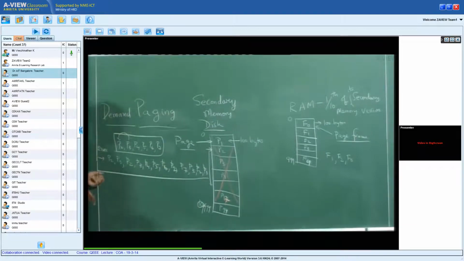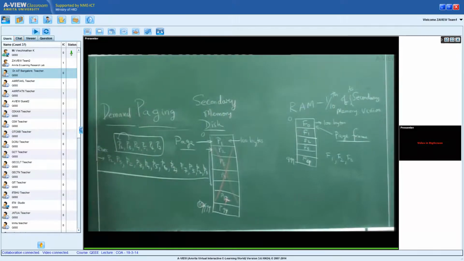Now the compiler does not have any restriction in this case. The compiler need not care about how it compiles. It just compiles as a normal program, and this is how the program executes.